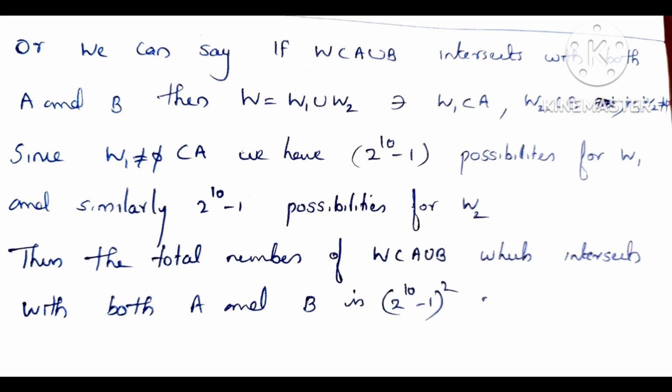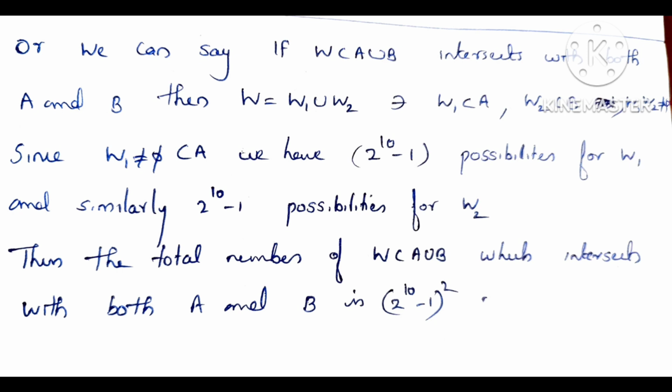Since W1 is a non-empty subset of A, we have 2 raised to 10 minus 1 possibilities for W1, that is, the cardinality of the power set of A excluding the empty set.